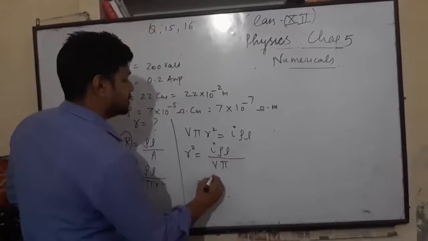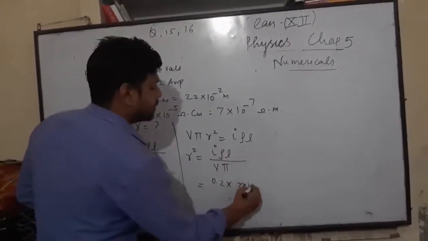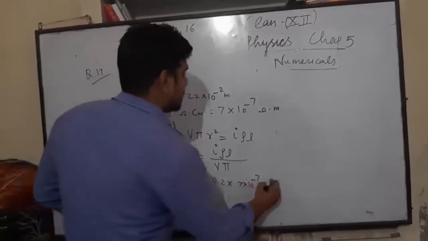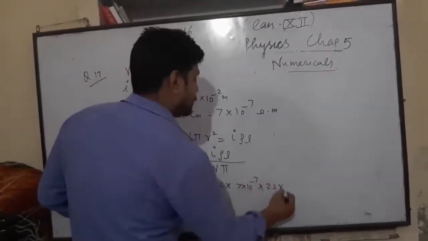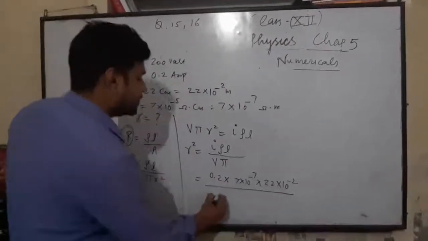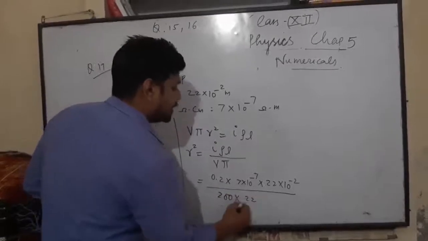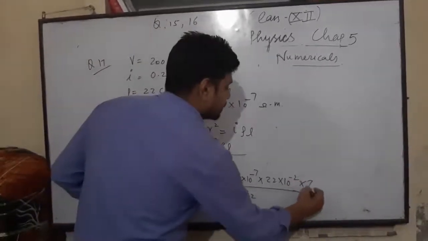So I is 0.2, rho is 7 into 10 to the power minus 7, L is 22 into 10 to the power minus 2, V is 20 and pi is 22 by 7.